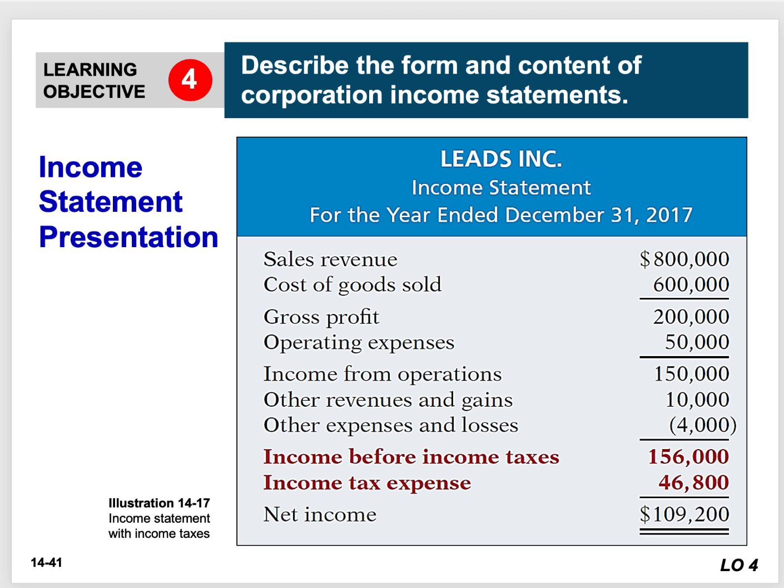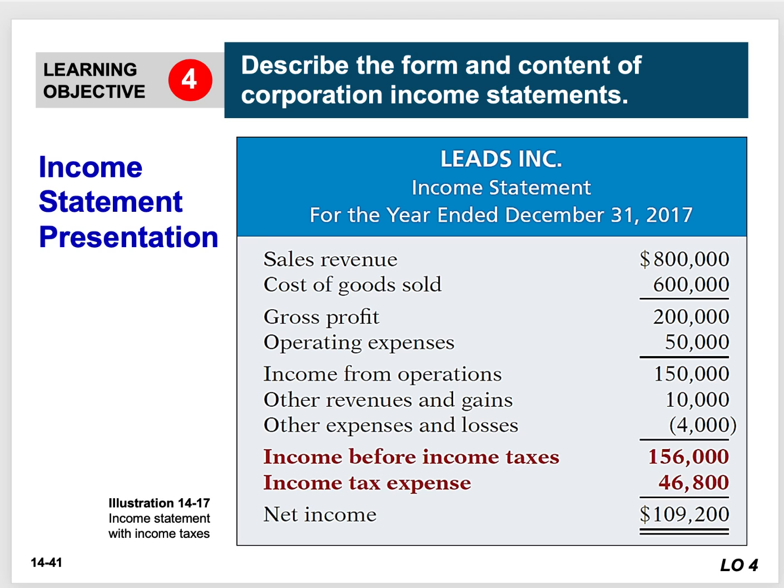So when we're looking at it from a corporate standpoint, it's okay if we go ahead and say, you know what, here's our operating expenses. They total $50,000. Now, here's where we get some new information and some new insight. Notice the line after the operating expenses.